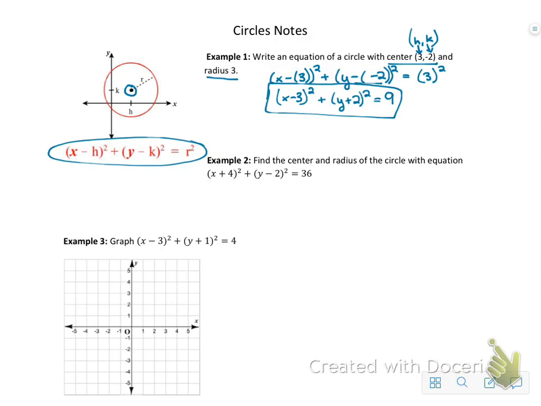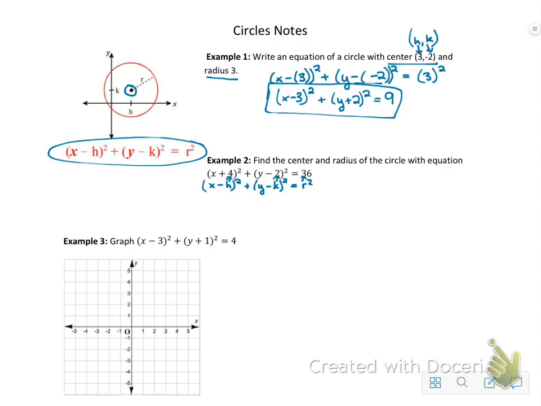So now what do we do if they give us an equation? Well, you figure out what your h and k are and your r based on their location. So we know that it's (x - h)^2 + (y - k)^2 = r^2, which means that's our h, that's our k, and the square root of that is our r.